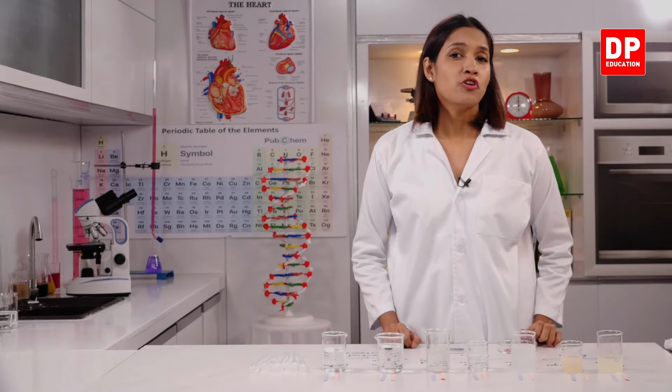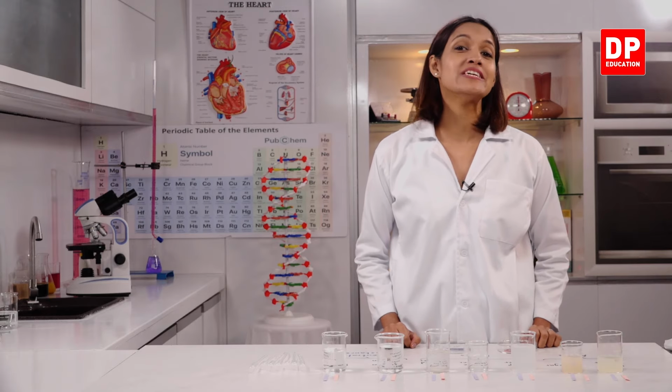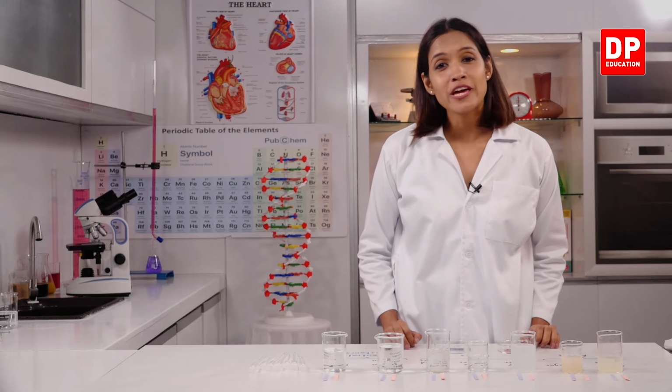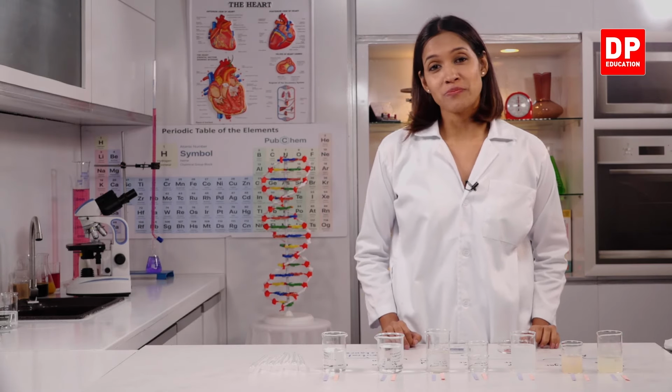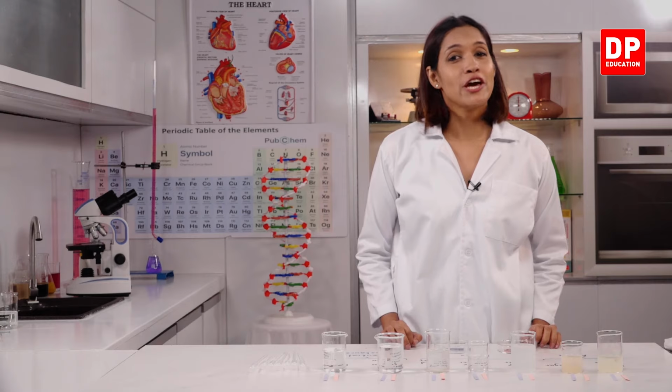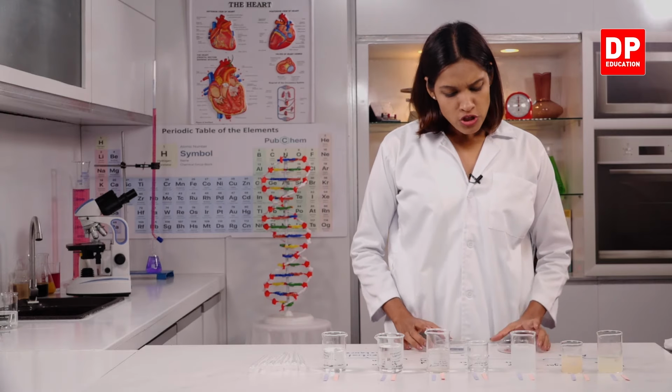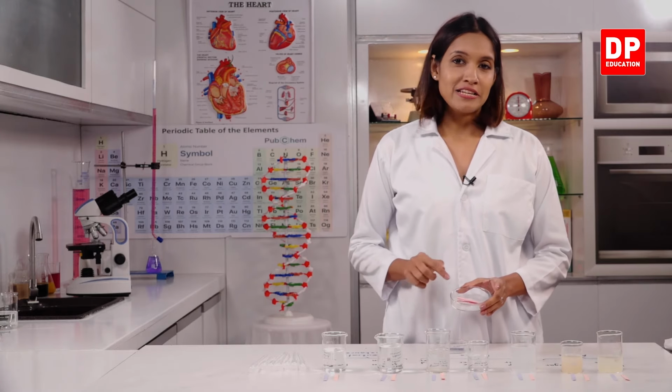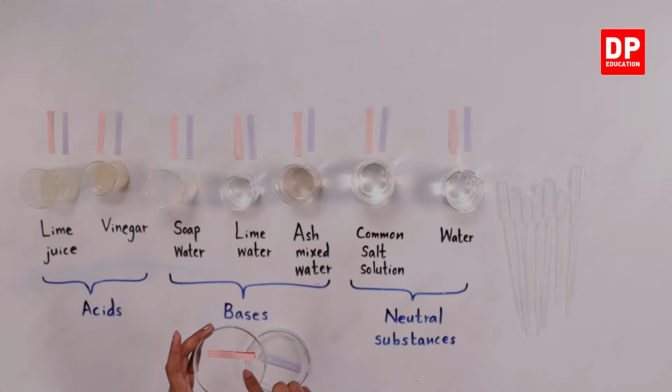Right children, now we are going to identify acids, bases and neutral substances using litmus paper. I explained to you that litmus paper is a type of indicator and litmus paper comes in two colors. What are the two colors, children? Red and blue litmus. So I will show you. This is the red litmus. You all can see it's a strip of paper. It is pale red in color.